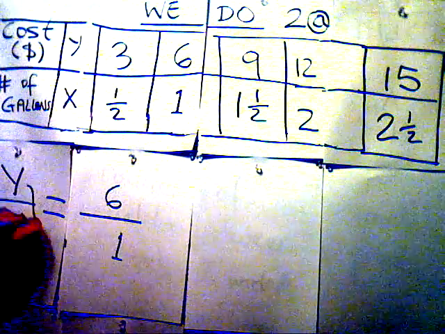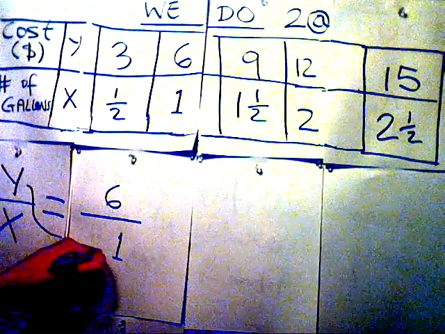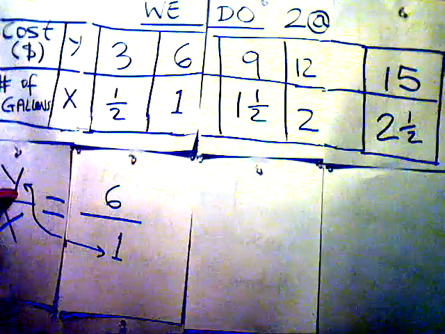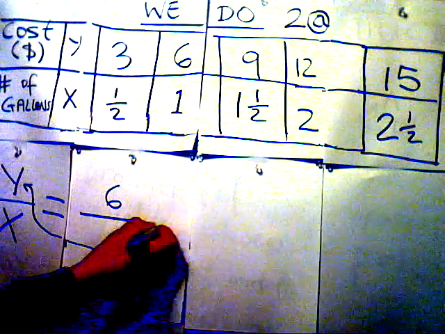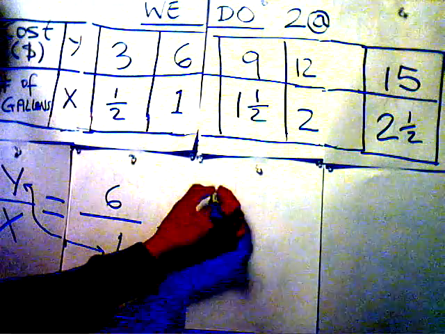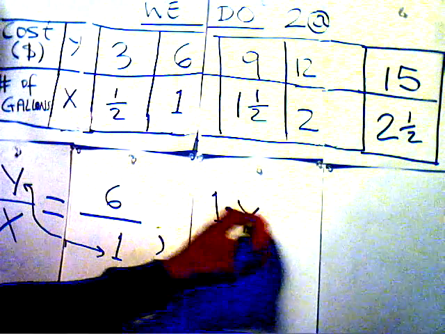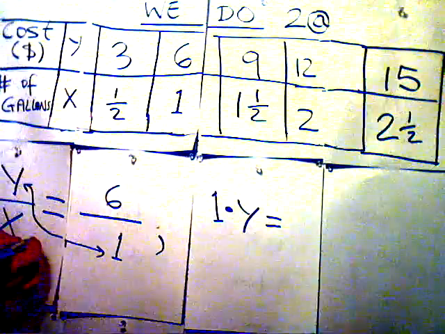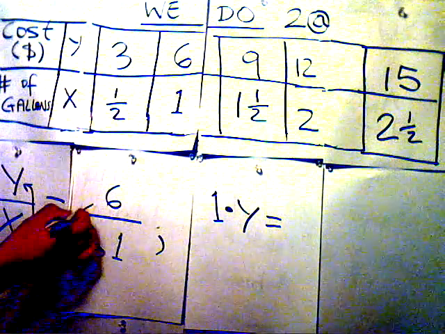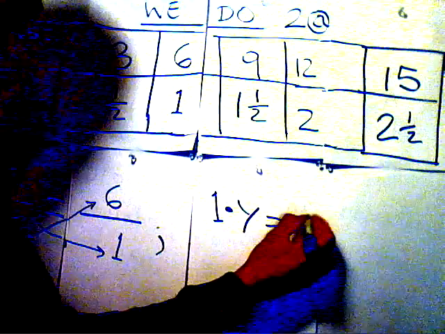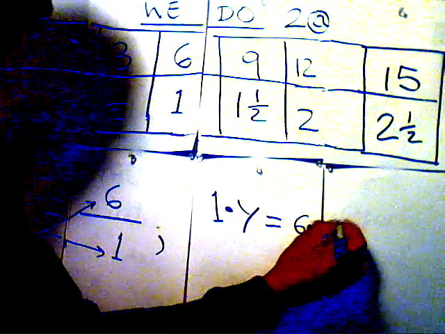So now I take my 1 and I multiply it by my y, and so I'm going to get 1 multiplied by y, and I take my x and I multiply it by 6, and so I'm going to get 6x on the right hand side, 6 times x.